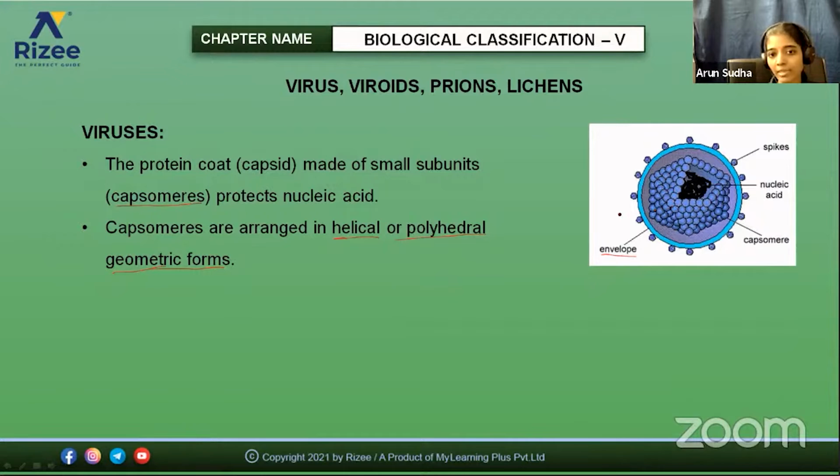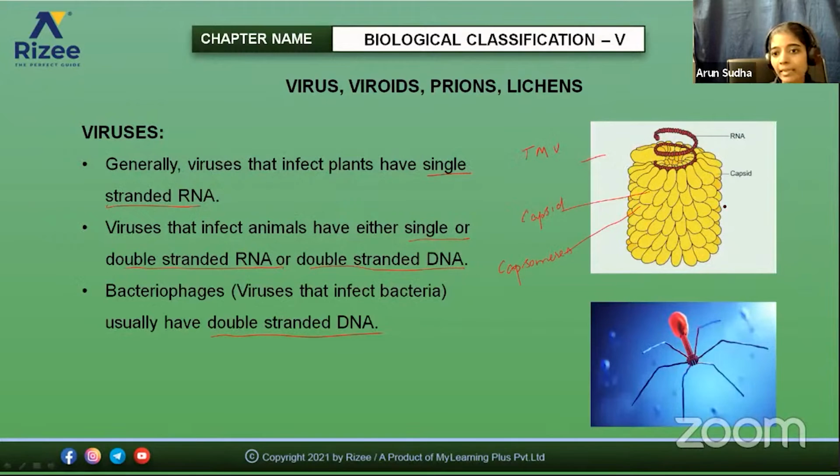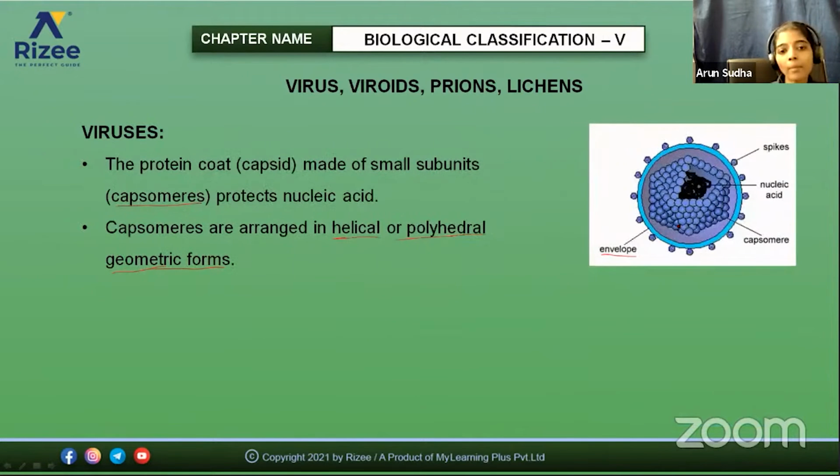As we saw, in the tobacco mosaic virus the proteins are arranged in a helical form. It may be in a cuboid form, a helical form, or polyhedral. Some will have an icosahedron. So capsomeres are arranged in helical or polyhedral geometric forms.